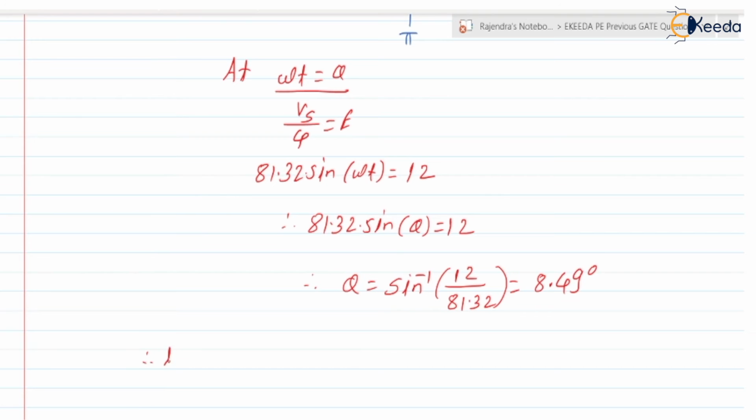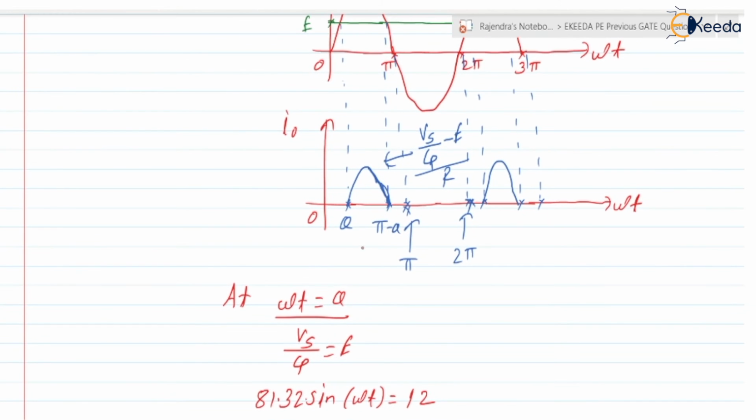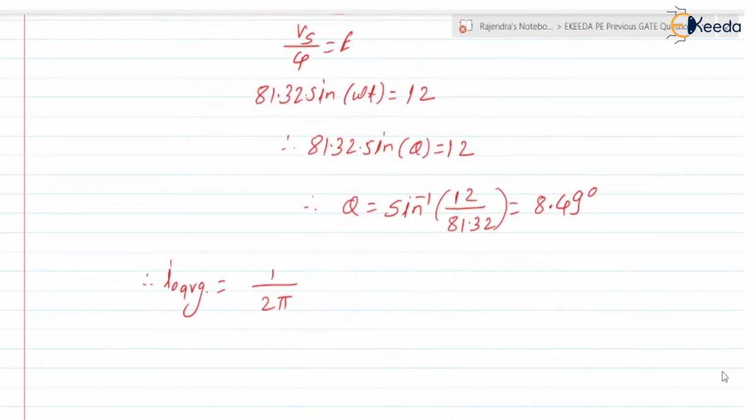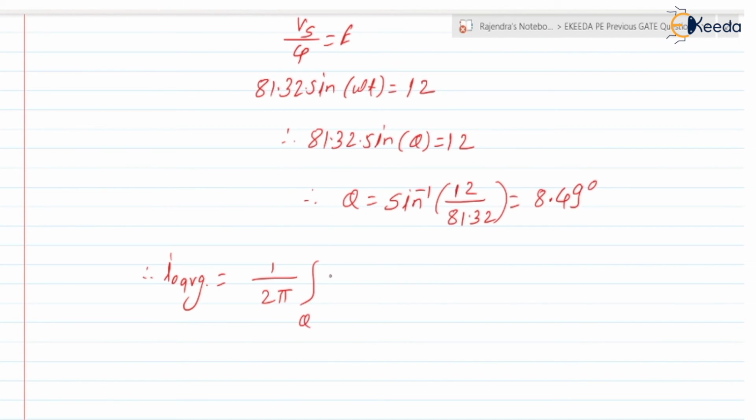Yes. Therefore, I0 average is equal to 1 by 2 pi. Whatever the pulse we are having from 0 to 2 pi, the same repeats from 2 pi to 4 pi. So it is 1 by 2 pi integration from theta to pi minus theta, right?